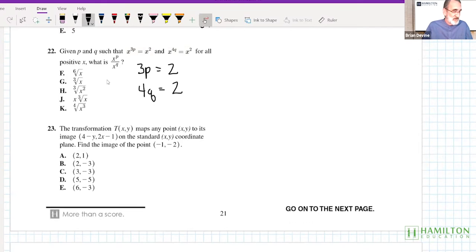For all positive x, what is x to the p over x to the q? Well, we just found out that p is 2/3 and q is 1/2.